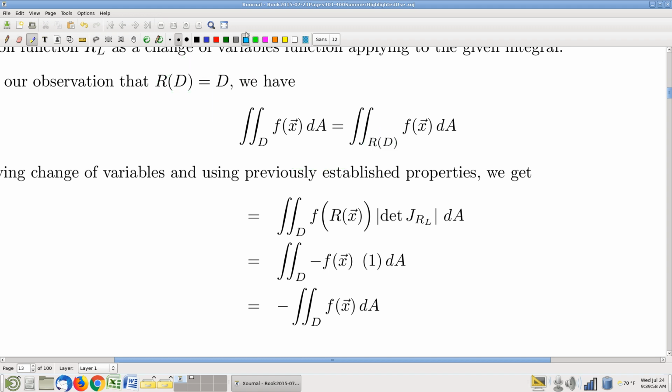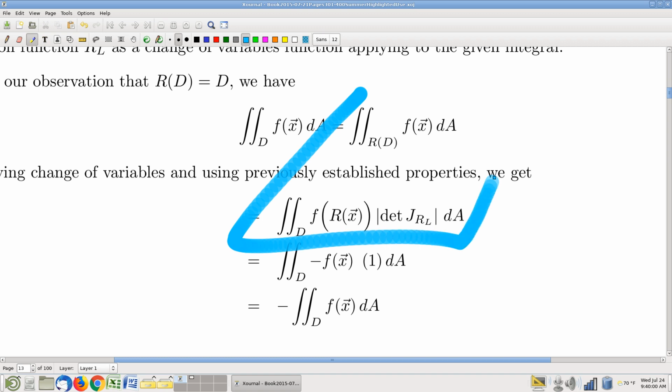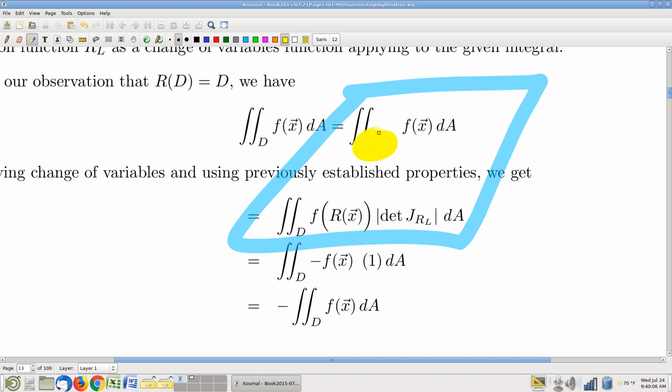Next step, I'm going to use change of variables. There's change of variables. Notice I'm taking an integral written over an image, and I'm rewriting it as an integral over the pullback, namely the pre-image. Now, this step might be a little easier to see if I change the dummy variable. I have the dummy variable here as being x. Let me change the dummy variable to u.